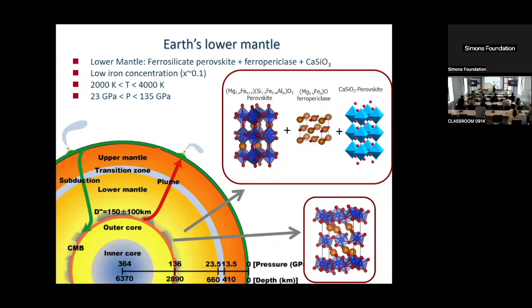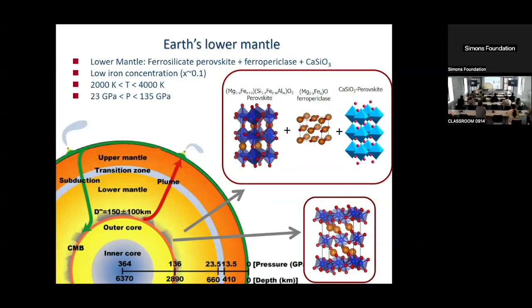In ferropericlase, it's usually around 15, 17 percent. There is a range that is observed. Here you have less than 10% iron, but you have ferrous iron, ferric iron, and you have aluminum that produces ferric iron here as well. And this transforms to that phase that was discovered in 2004.